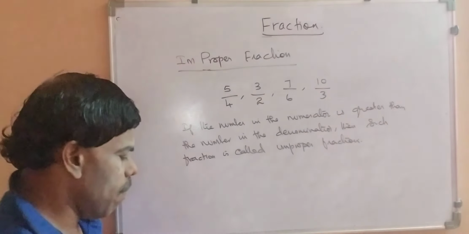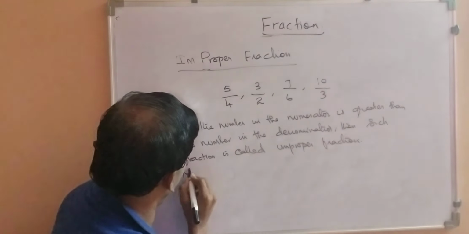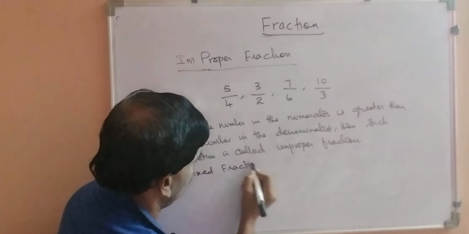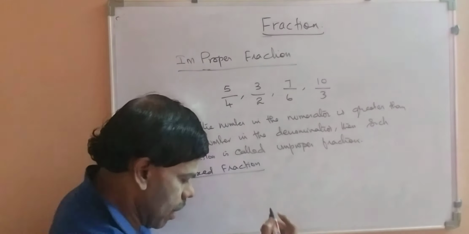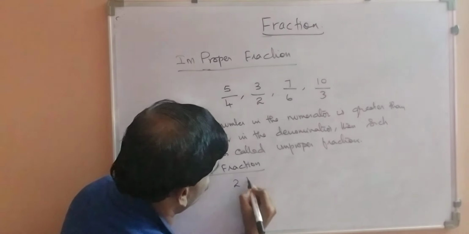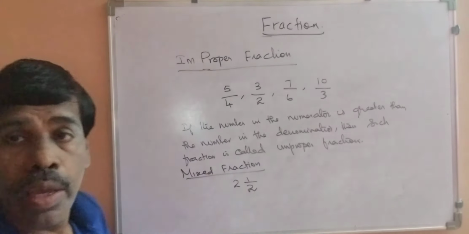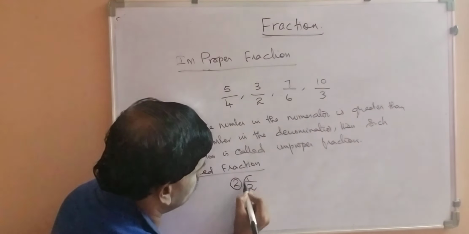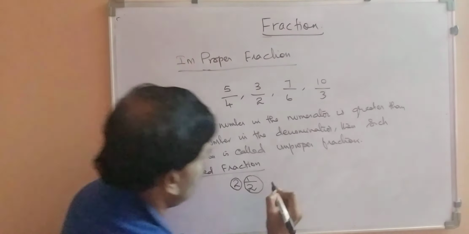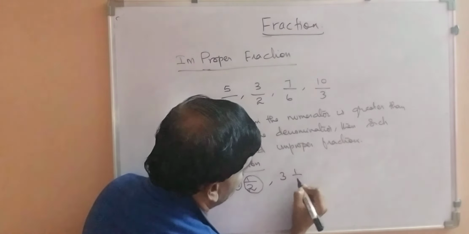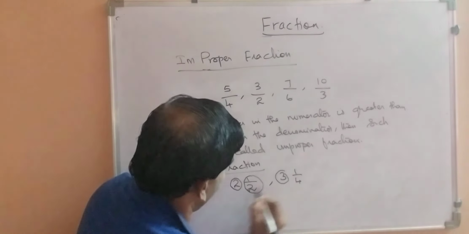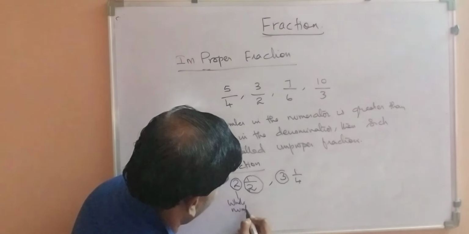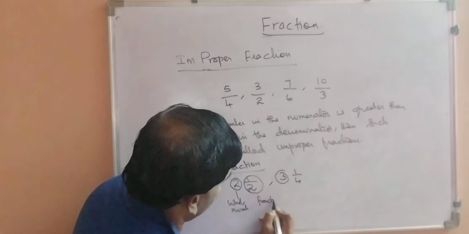Now another one, mixed fraction. What is called a mixed fraction? For example, see 2 1 by 2. Here you see, this is a whole number, this is a fraction. Another one, 3 1 by 4. See, this is a whole number, this is a fraction.